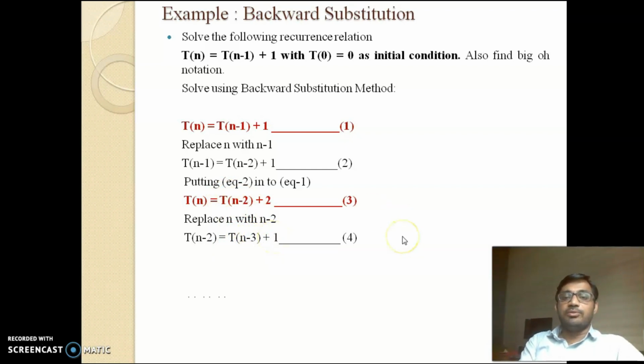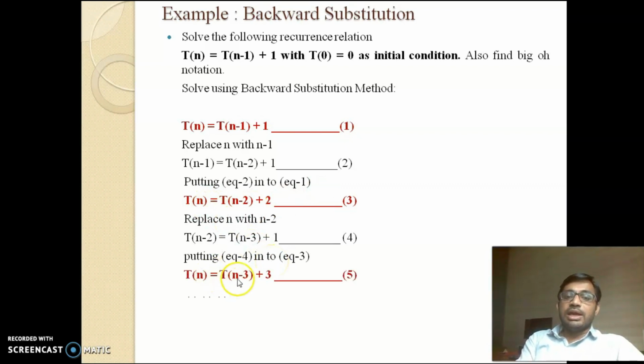So putting the value of equation number 4 into equation number 3, we get a new equation, that is T of n minus 3 plus 3. Because we are putting this value T of n minus 3 plus 1 here, then T of n minus 3 plus 1 plus 2, so that we can get T of n minus 3 plus 3.